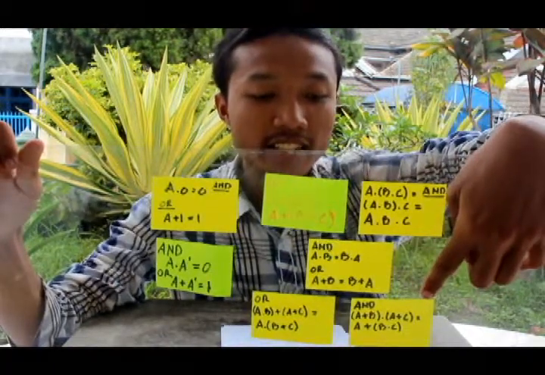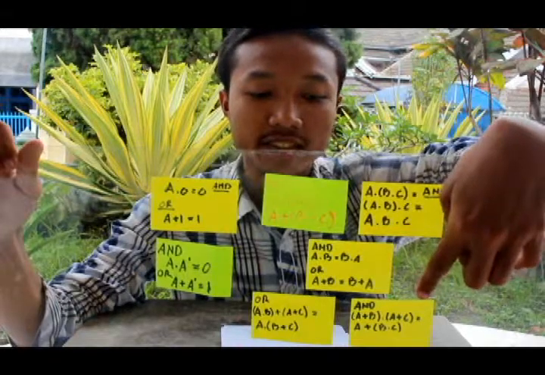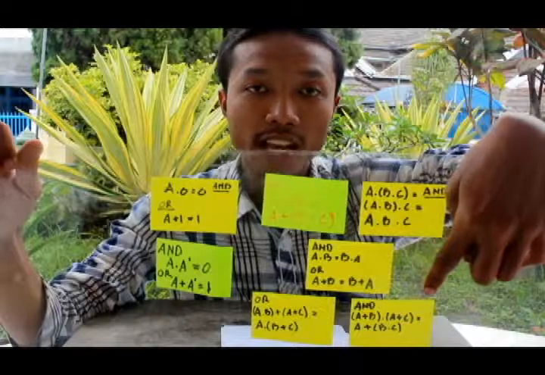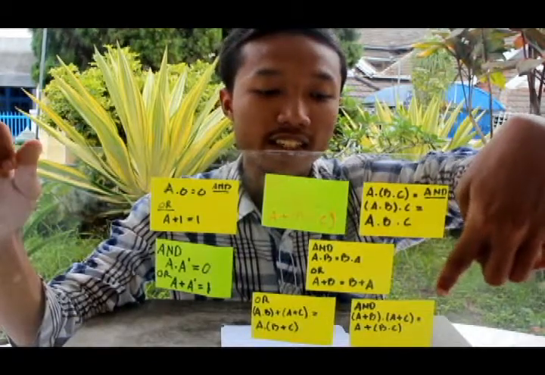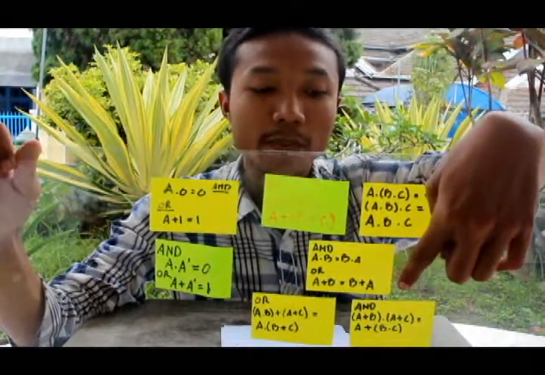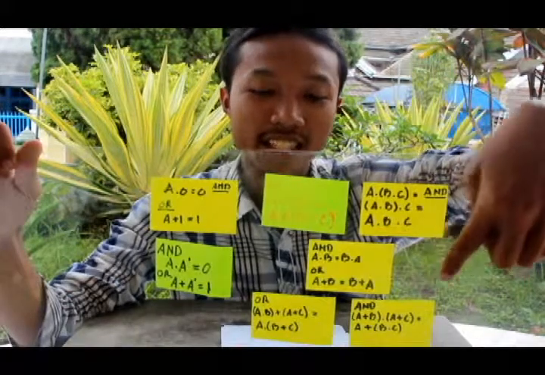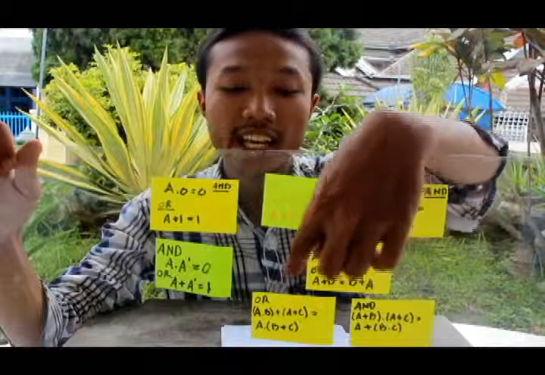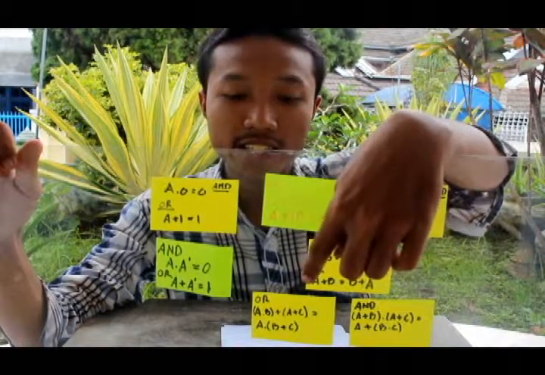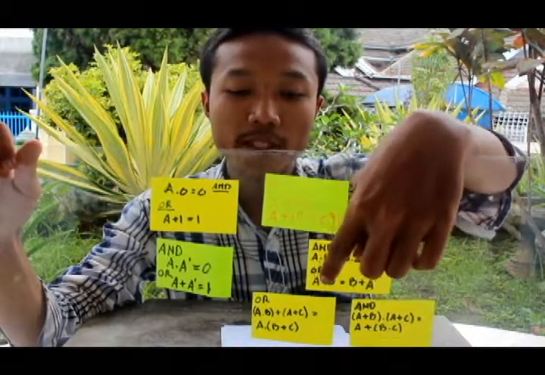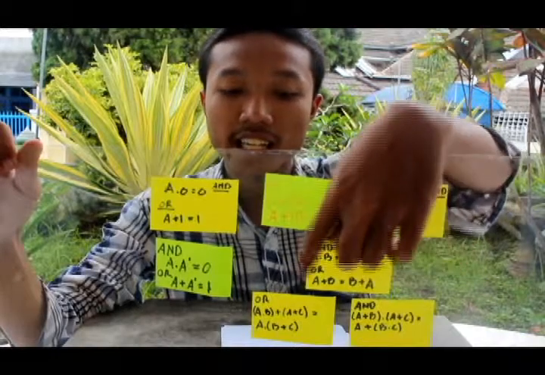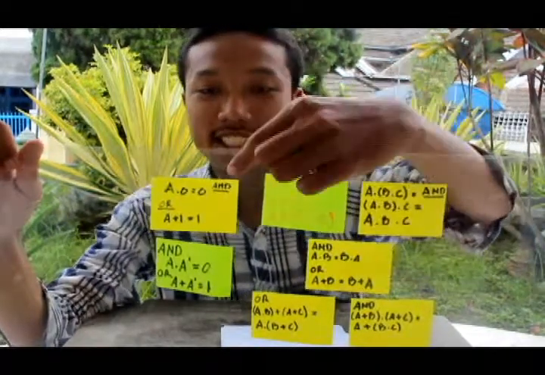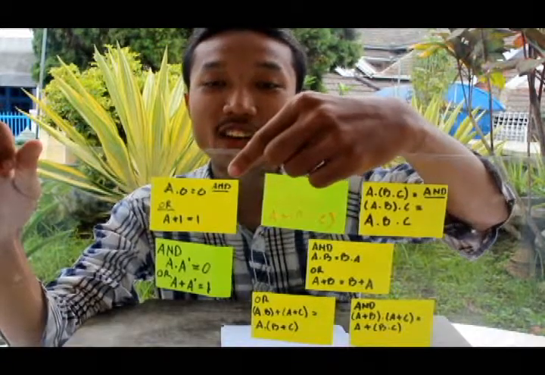The AND form: A plus B multiplied by A plus C equals A plus B multiplied by C, and in the OR form: A multiplied by B plus A multiplied by C equals A multiplied by B plus C.